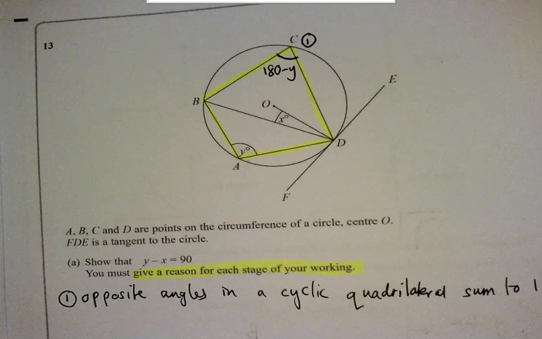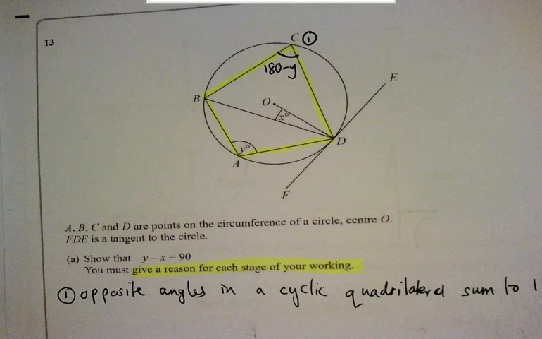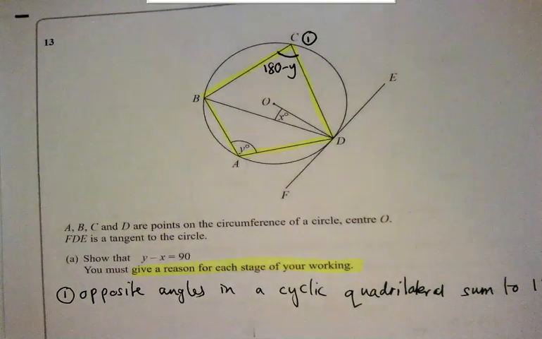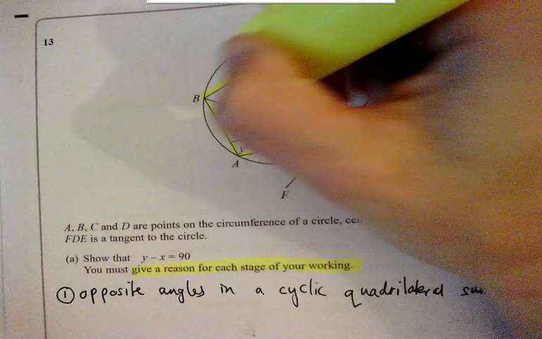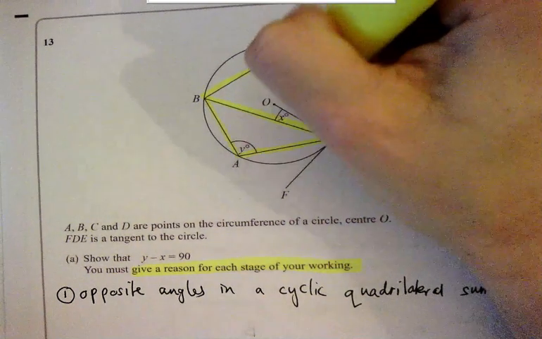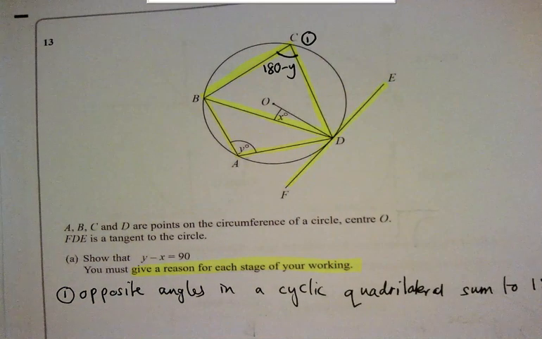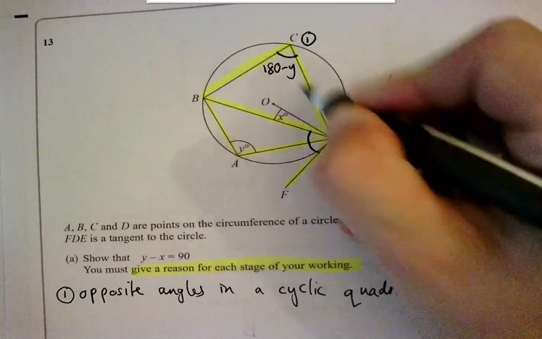What else can I see? I can see a tangent and a triangle, so I can see some alternate segment theorem, and I can see this triangle and the tangent, which means that this angle is the same as this one.